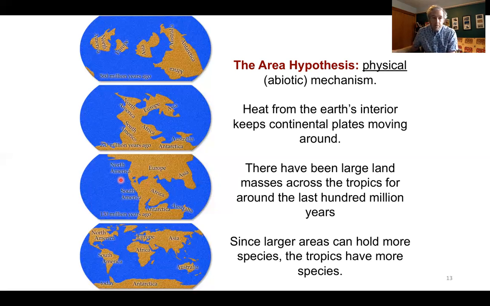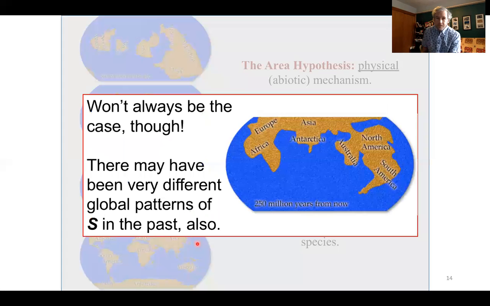If we look at the size of the tropics today, a large part of Africa is sat in the tropics, a huge part of South America and Central America, and a huge swath of Asia and the north of Australia. So we've got large land masses in the tropics. Since larger areas can hold more species, the tropics have more species. However, this won't always be the case.